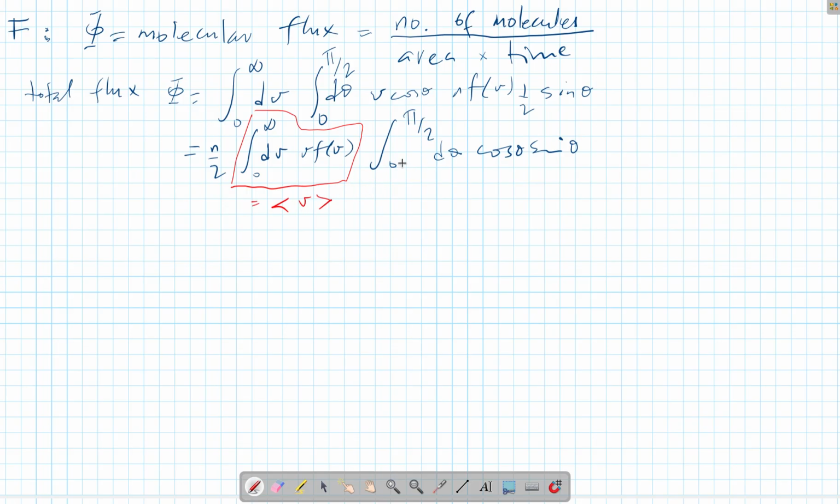And this integration, you can check to do it. It's going to be equal to 1 divided by 2.